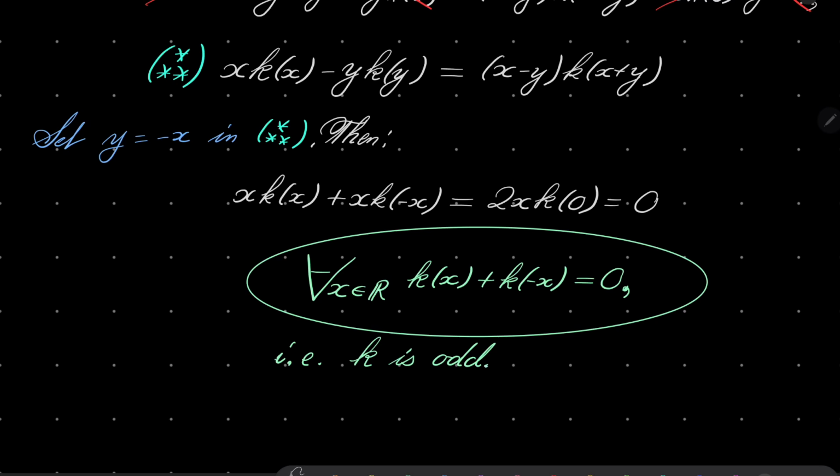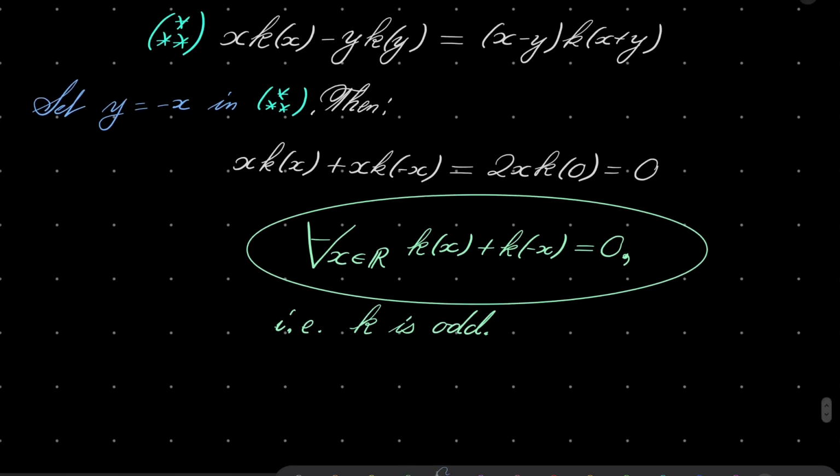All right, so now I will do the following. I will take equation triple asterisk, and I will, for example, change y to minus y. Let's do it. Let's change y to minus y in equation triple asterisk.